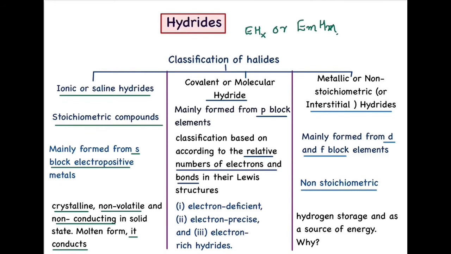In the covalent or molecular hydrides, you should be able to classify these hydrides based on the relative number of electrons and bonds. Also, you should be able to tell the reason behind the use of metallic hydride for hydrogen storage and as a source of energy.